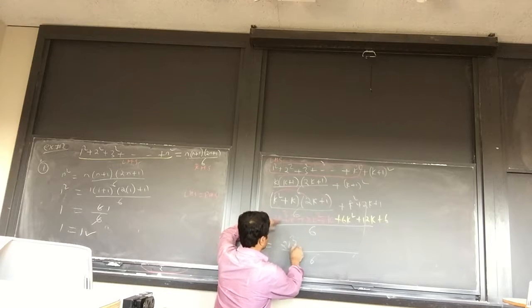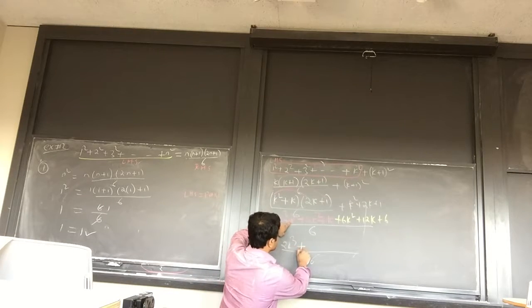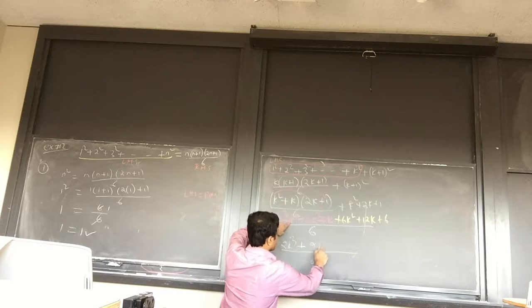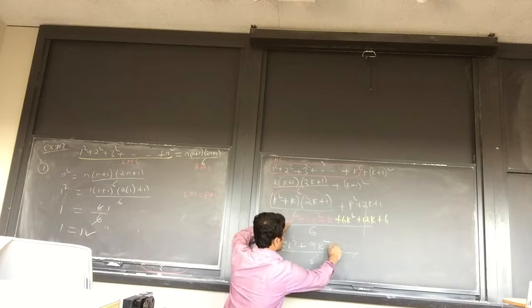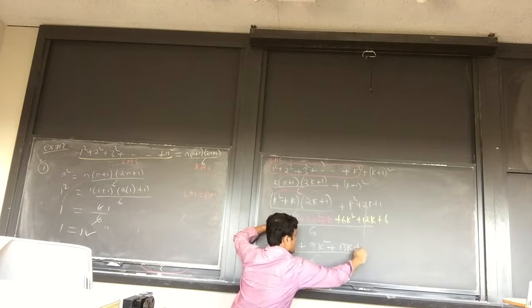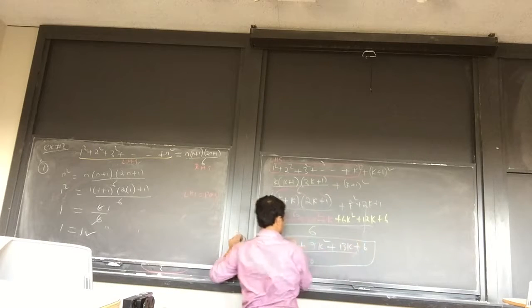So 2k cubed plus 9k squared plus 13k plus 6. This is our left hand side.